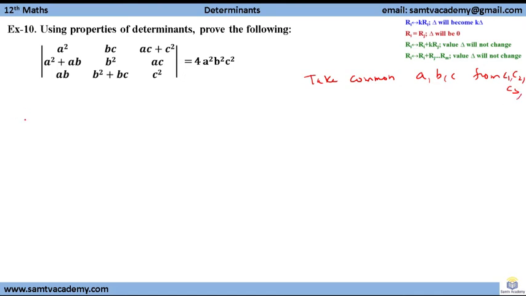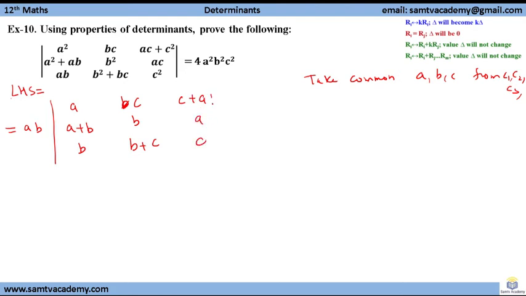If you take A common from column 1, it is left with A plus B and B. So A came here, we are solving the left hand side. Now if you take B common from here, it is left with C, B and B plus C. And if we take C common from here, we are left with C plus A and C.